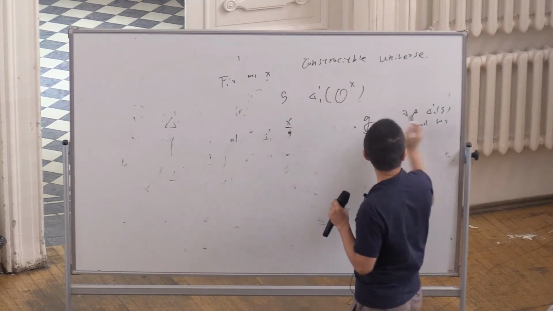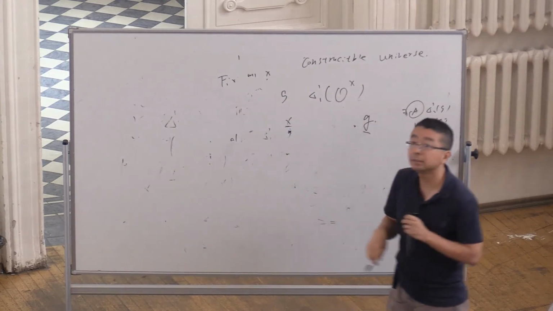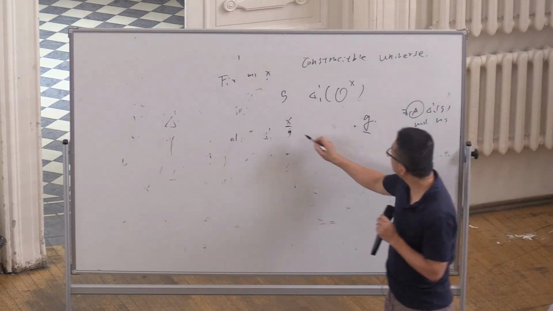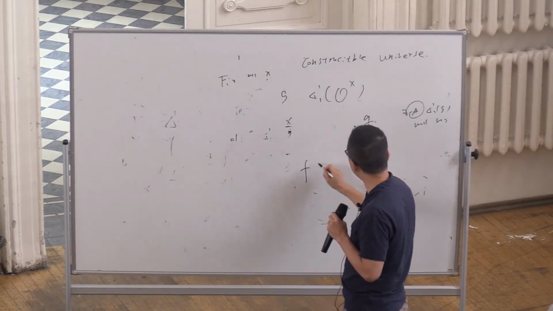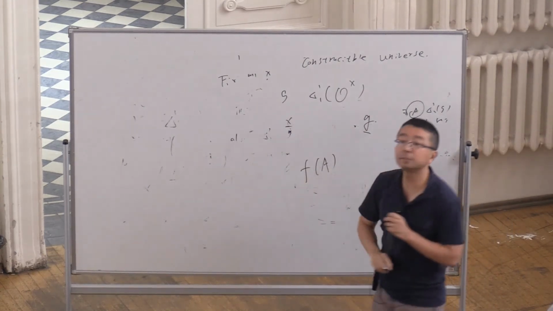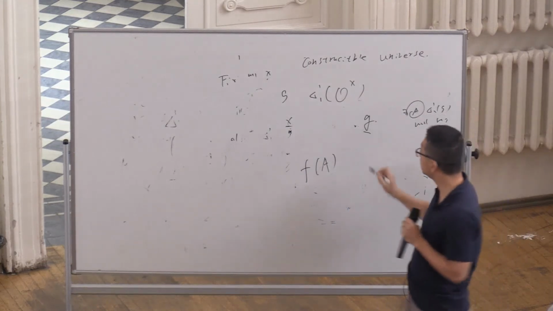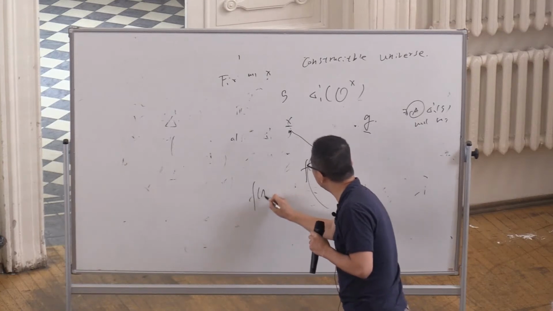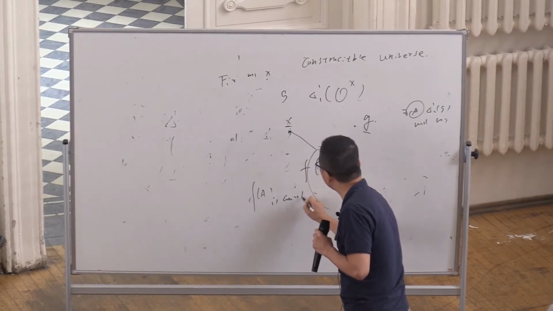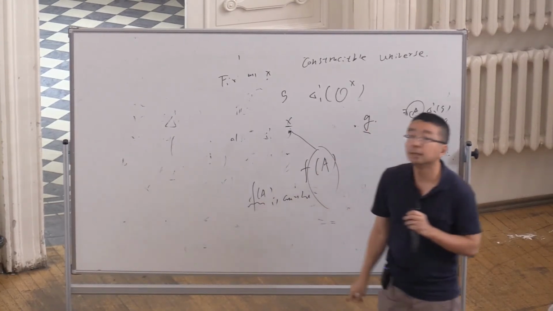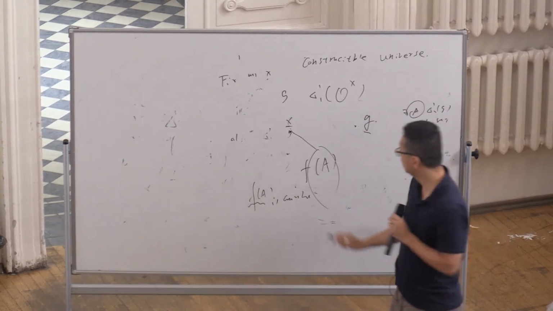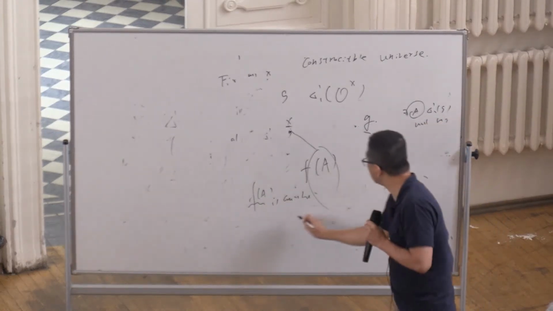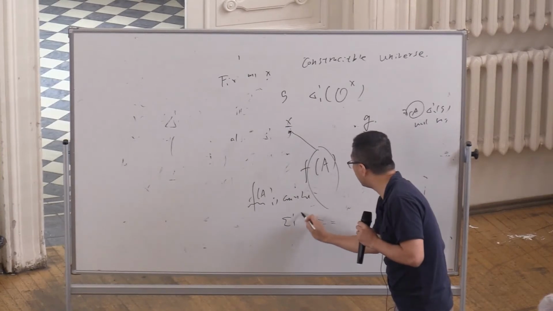So it must be covered by a Δ¹₁ G null set. Then the image of A must be countable. It's countable, but this is Σ¹₁ because A is Δ¹₁ in G. So this set is Σ¹₁ in G.